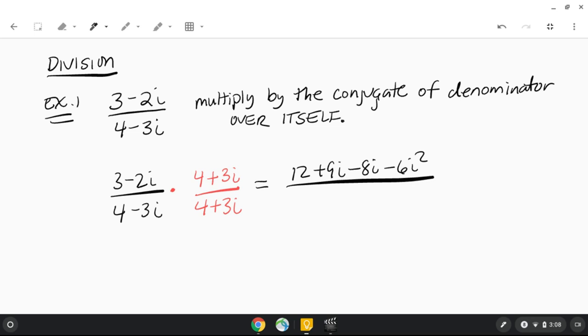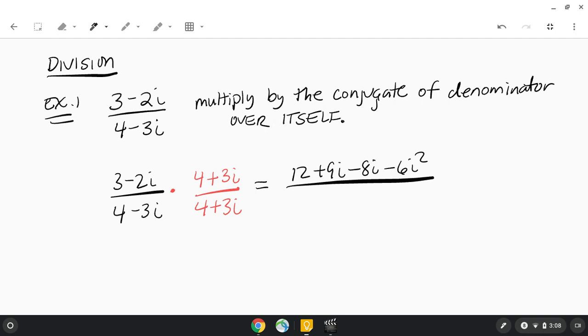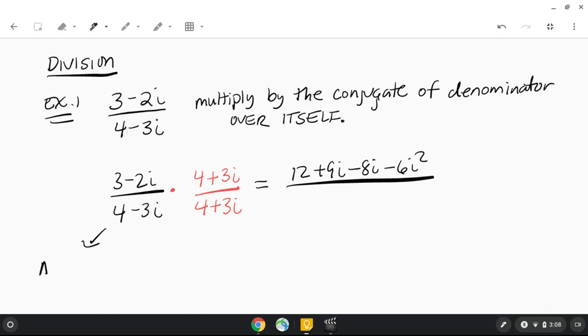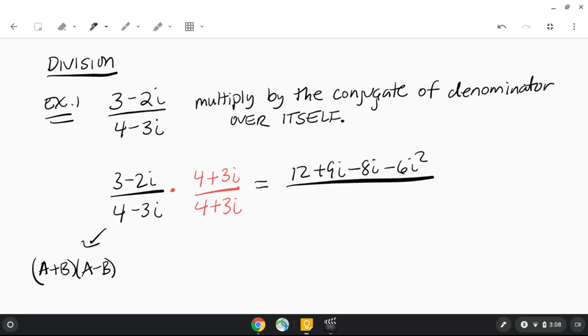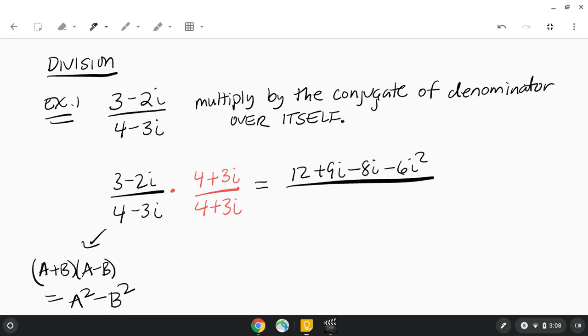Okay, and then down below, there's a bit of a shortcut, but if you don't see it, let me just go off to the side. Here, if you multiply conjugates, you'll get a difference of squares. Do you remember that? You're used to going backwards. You're used to having the difference of two squares and then factoring it, right?